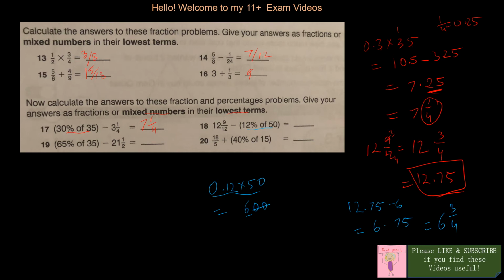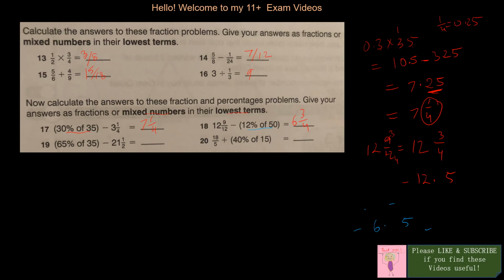So the answer is, yeah, 6.75. That is 6 3/4. Yeah, thought I went wrong there for a moment, but no, it's right. So easy to get these wrong. They're really confusing. A lot of multiplication, subtraction, and addition and division, and the whole thing is a mess.